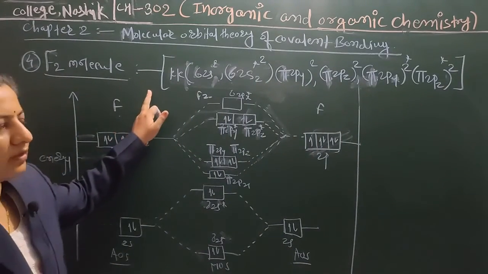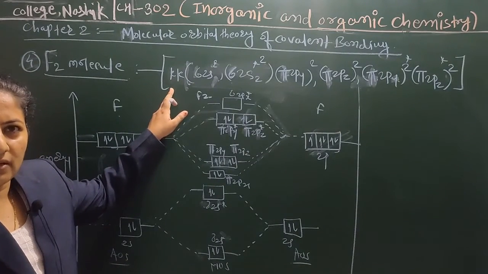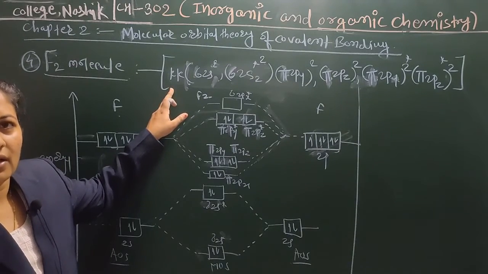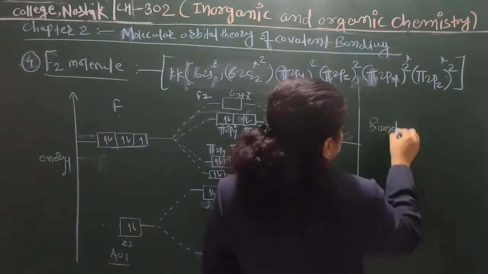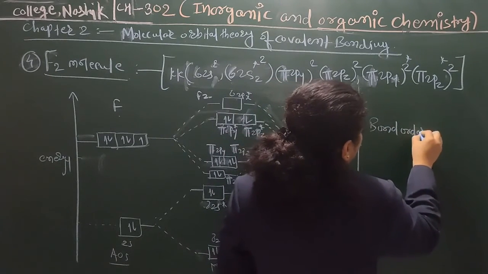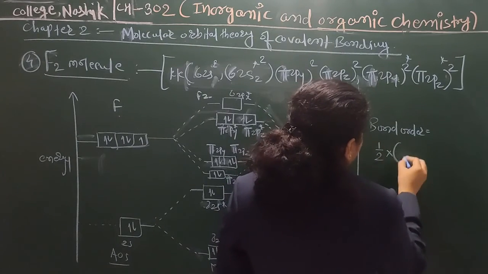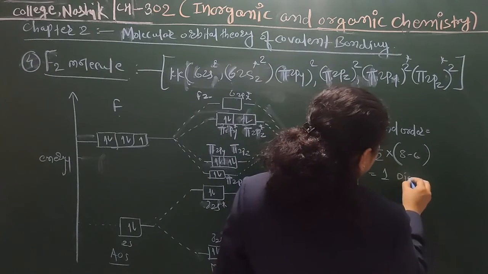While writing the molecular electronic configuration of the F2 molecule, the letter K is used for each 1s orbital. Then bond order, and the molecule is diamagnetic.